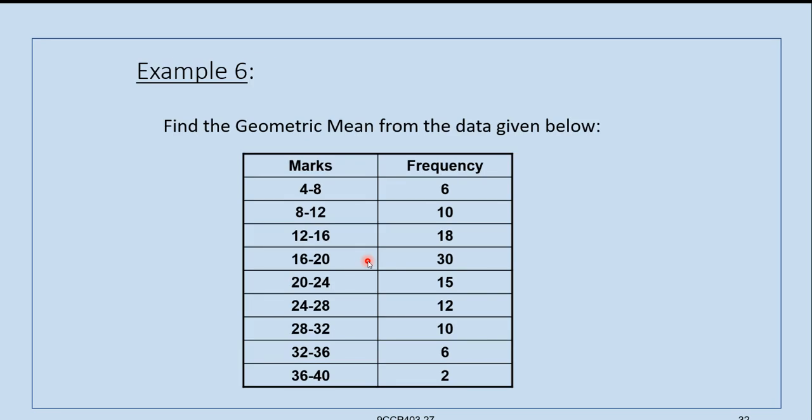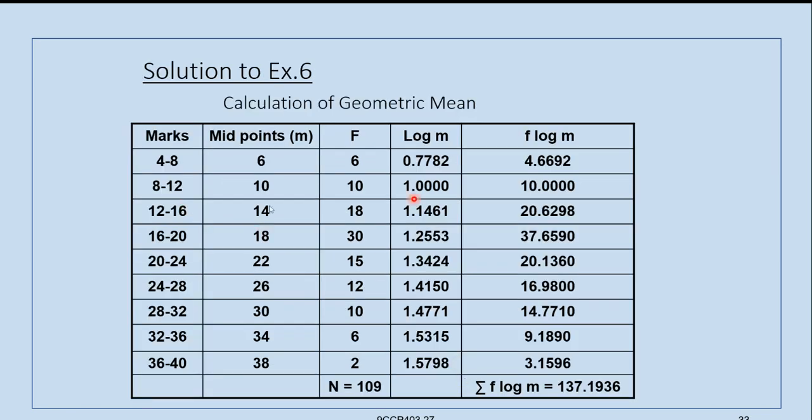Another example, we have another series: 4 to 8, 8 to 12, 12 to 16, 16 to 20, and so on. And the frequency is this one. So we'll take a table: marks, midpoints, frequencies, log m. Calculate the log m for this one. Log of 6 is 0.7782, log of 10 is 1.0000, log of 14 is 1.146, and so on.